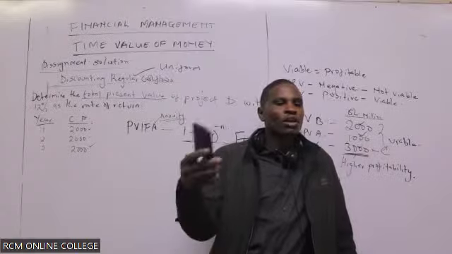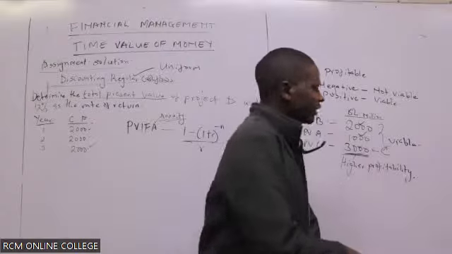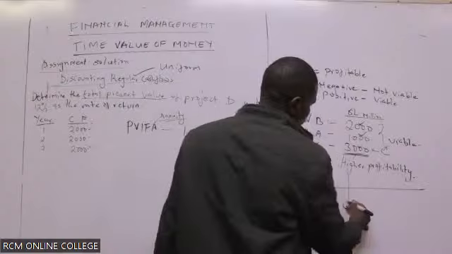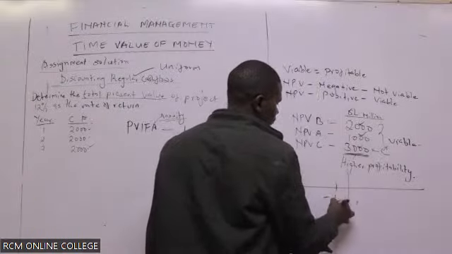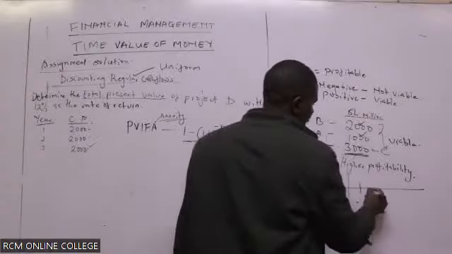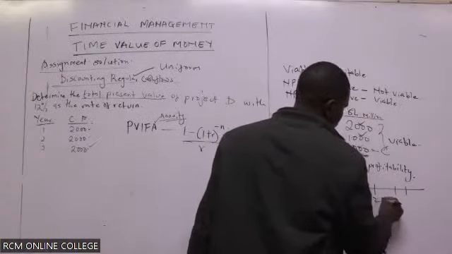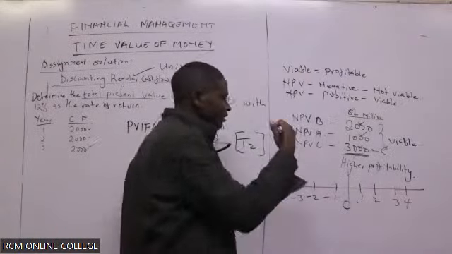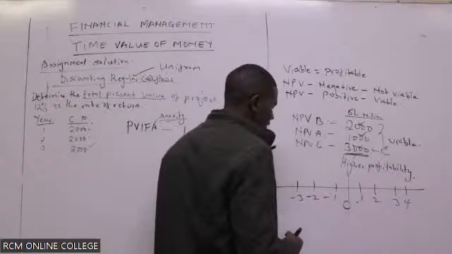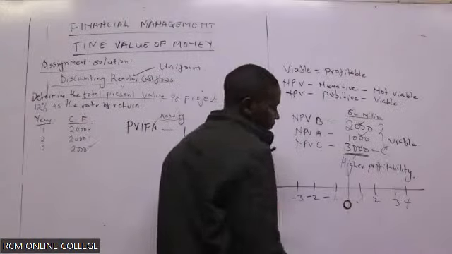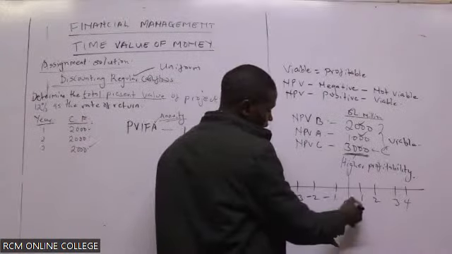Remember, discounting, we go backwards. Let me remind you of the number line. We have zero, negative 1, negative 2, negative 3, and 1, 2, 3, 4. I want you to master financial management and feel that you understand what we are talking about. So 0 is the center.